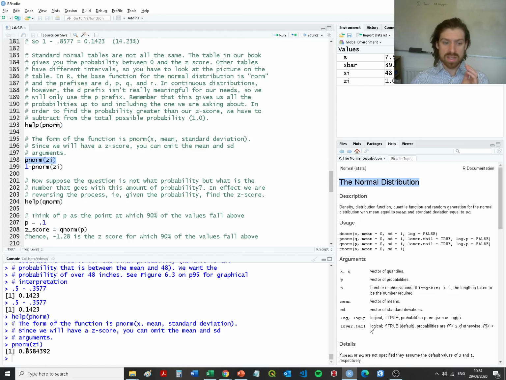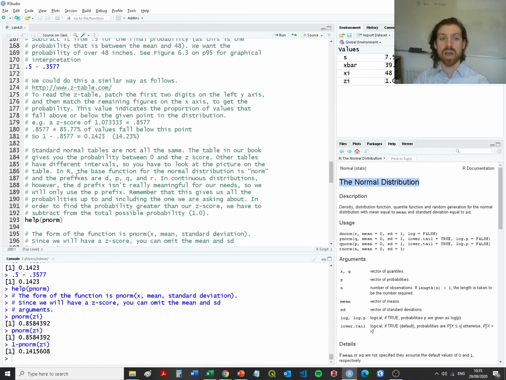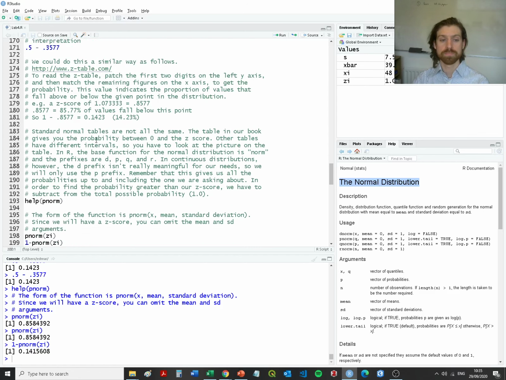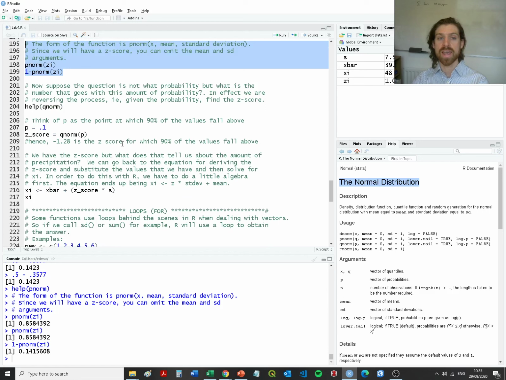Here it's that same value again, essentially, but that indicates the proportion of the values that fall below. So we want to get the ones that fall above. We subtract that value from 1 in order to get the 14% value that we were able to get up here. Okay, so that's how you do it automatically using an inbuilt function.